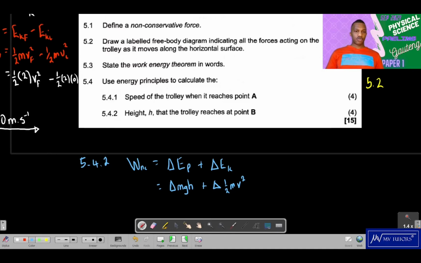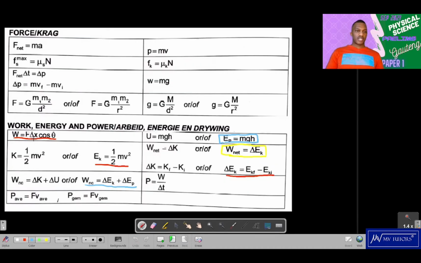Now let's come to define this one here. Let's go back to our formula sheet. It's still f, a change in distance, cos theta.